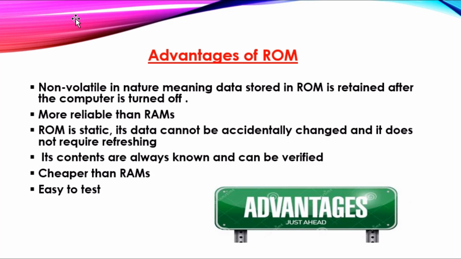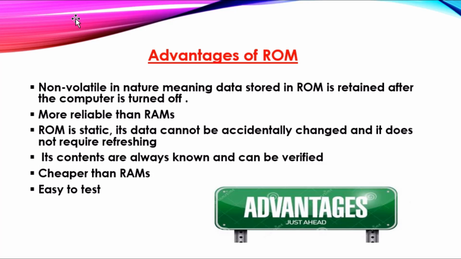This is advantageous because you cannot lose your data, you cannot lose your information, unlike in the random access memory, which is a volatile memory, that when power goes off or when the computer goes off, your data is lost.